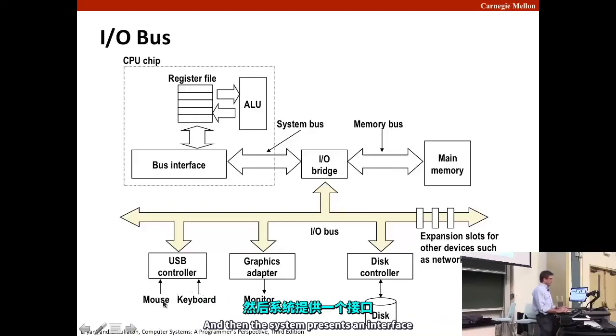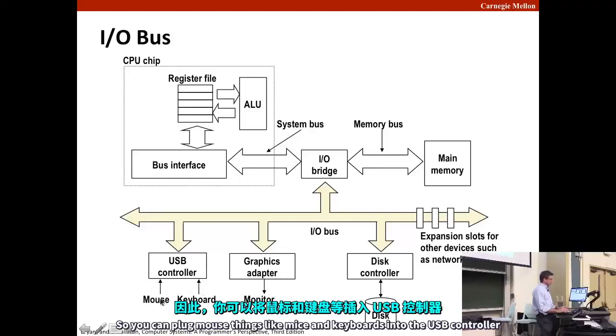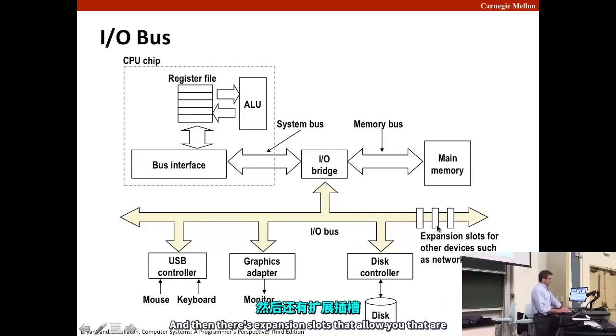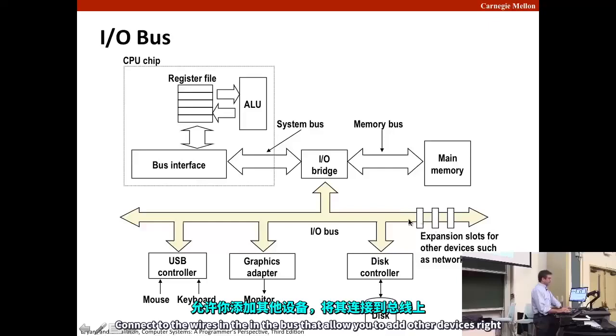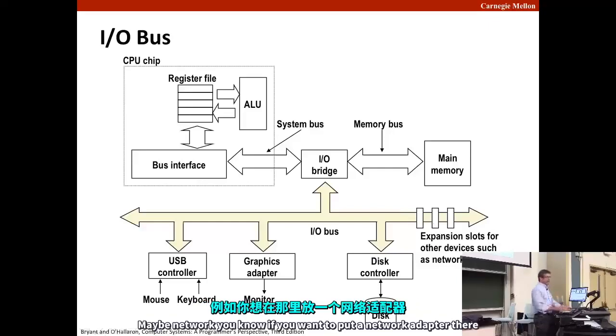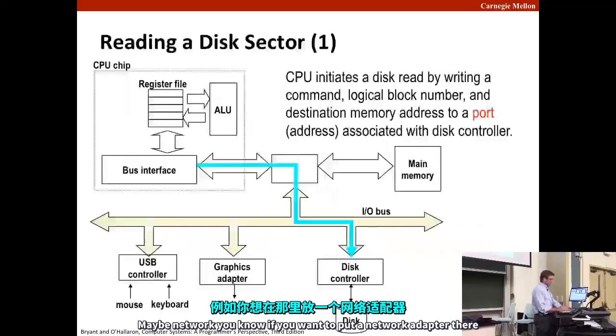And then the system presents an interface so you can plug things like mice and keyboards into the USB controller. And then there are expansion slots that connect to the wires in the bus that allow you to add other devices, like a network adapter.